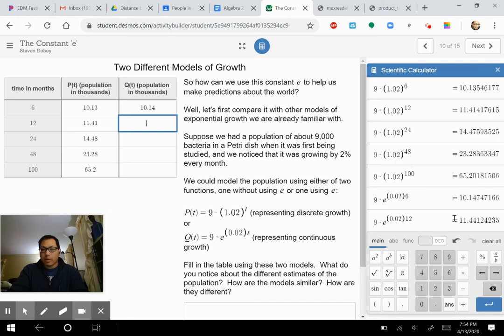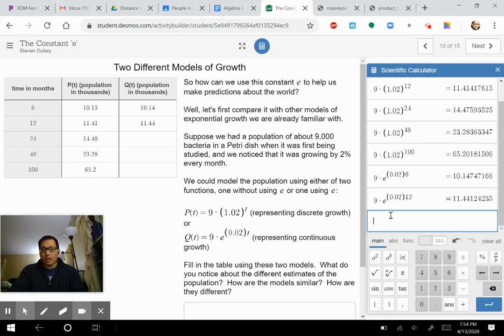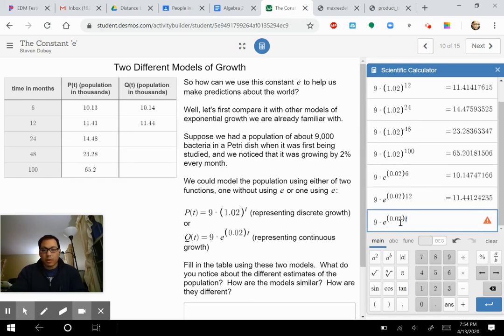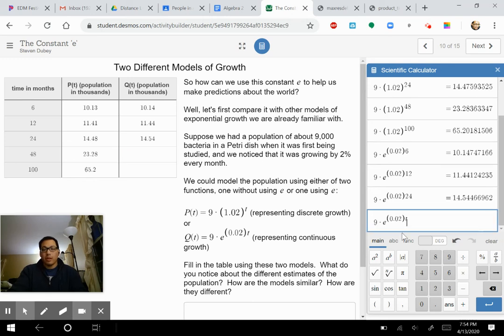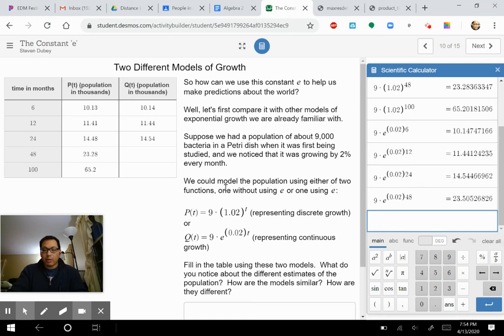Here we got 11.41. Here we've got 11.44. Okay. But with our e model after 24 months, 14.54. Still very, very close to what we had before using this other model. So these models are very, very close to each other with this e in it. 48 months, we got 23.5. And 100 months later, we've got 66.5.